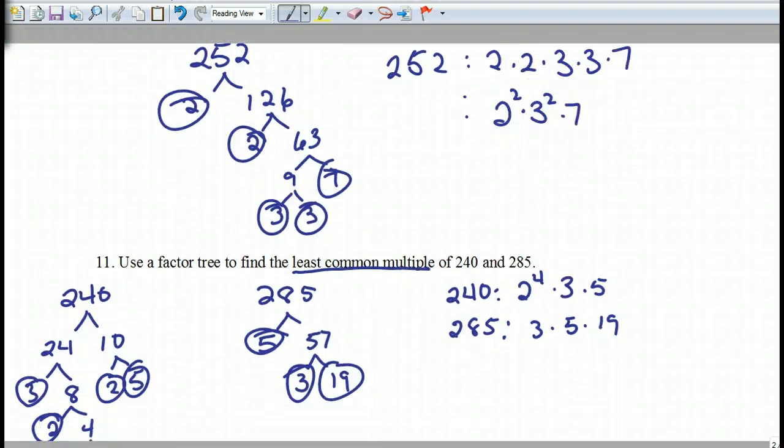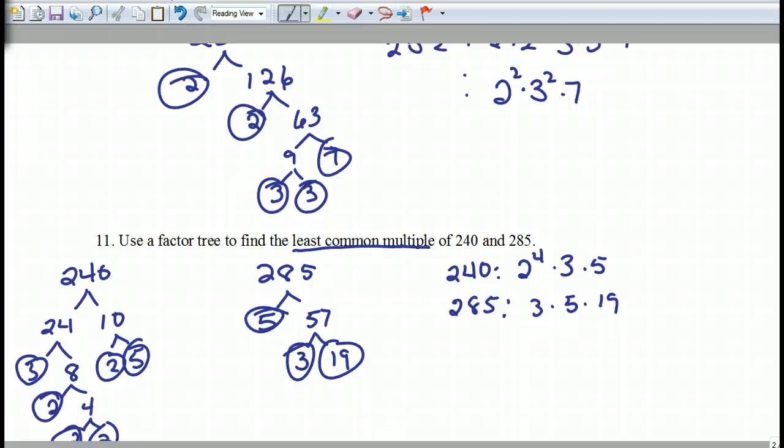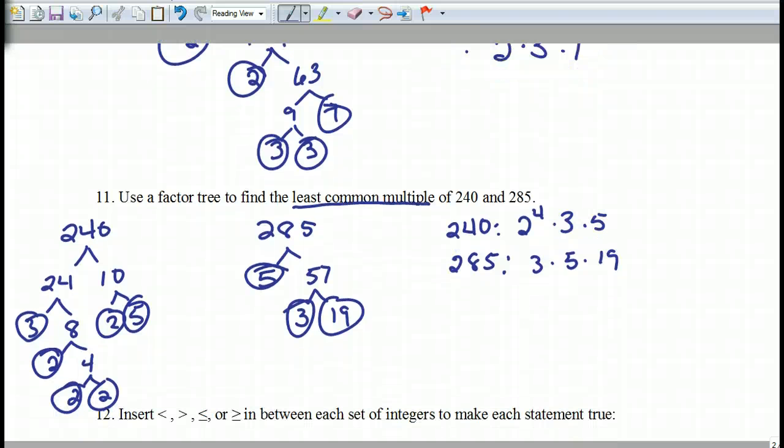All right. Now, you have to use a factor tree to find the least common multiple. Generally, I call this the LCM, just to save time. I did a factor tree of 240. Notice it ends in a 0, so I took out a 10, just to make it a little easier and quicker. And then divided it all the way down to, I have 4 2's, which is what I reflected over here, a 3 and a 5.